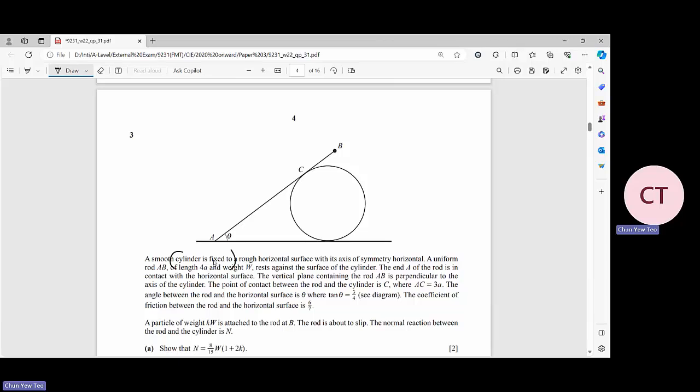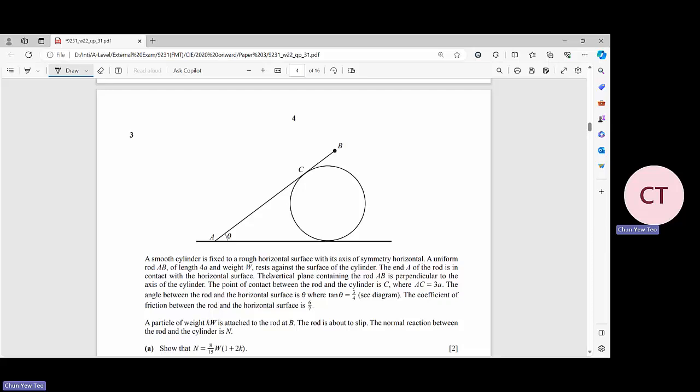We have a diagram here. A smooth cylinder is fixed. If the cylinder is fixed, you no need to consider its weight or its normal contact force, anything. Just fix it. It is fixed to a rough horizontal surface with its axis of symmetry horizontal.